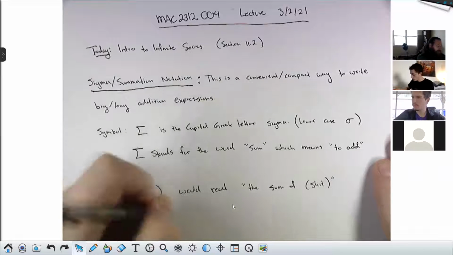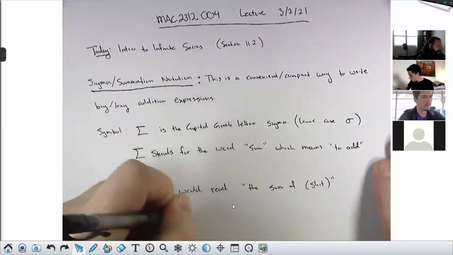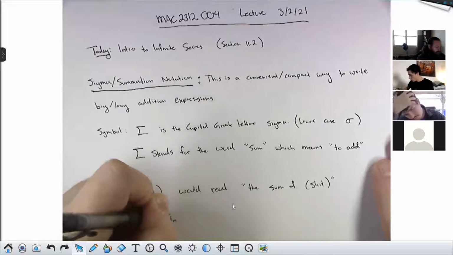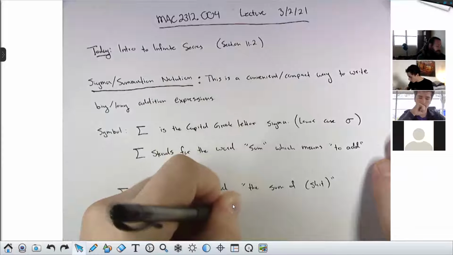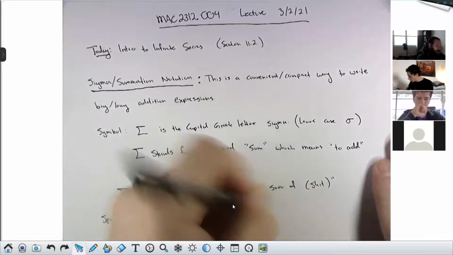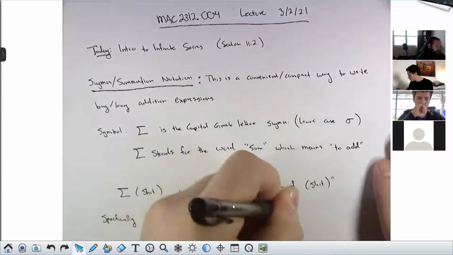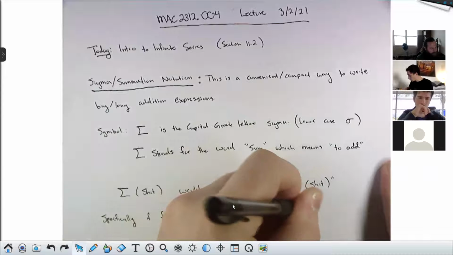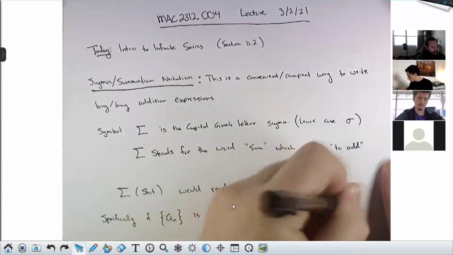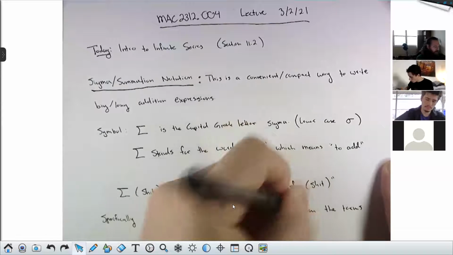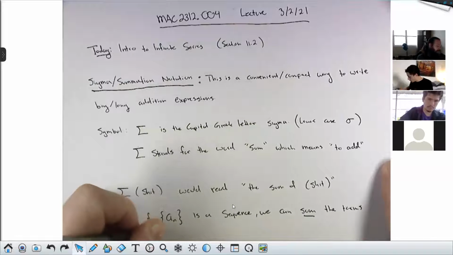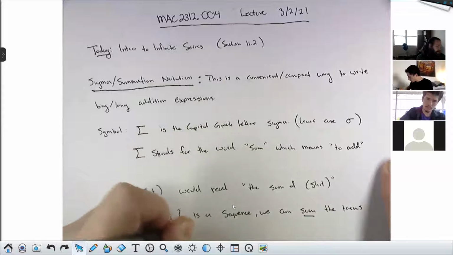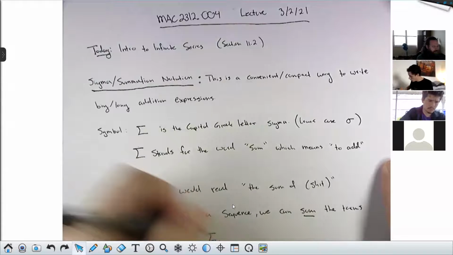If a_n is a sequence, we can sum the terms of that sequence with sigma.